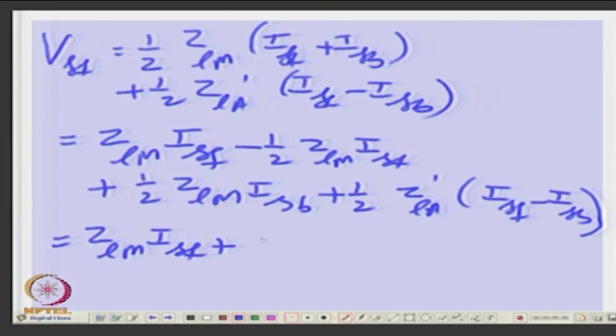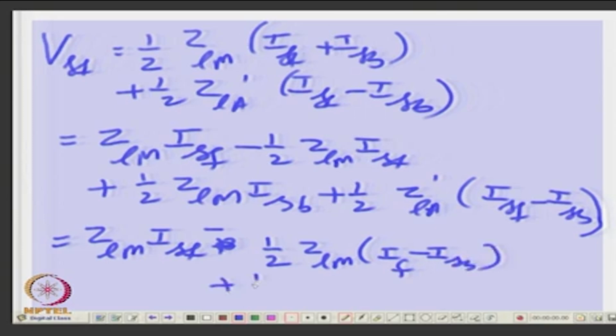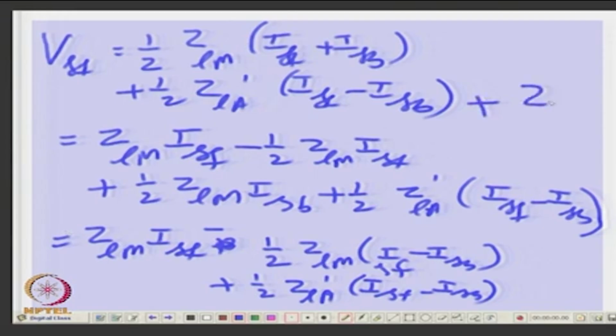If you look at this, this will be plus half Z_lm into, I would put it as minus half Z_lm into (I_sf minus I_sb) plus half Z_la dash into (I_sf minus I_sb). Okay, this I am taking as the first term, and of course the last one will be Z_f I_sf, isn't it.